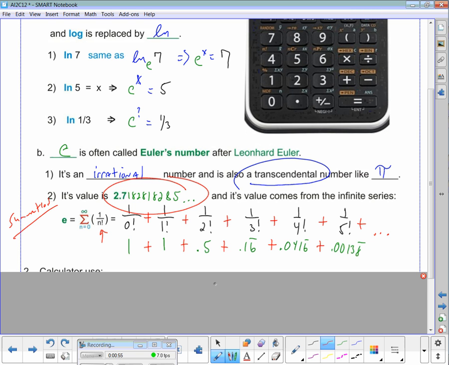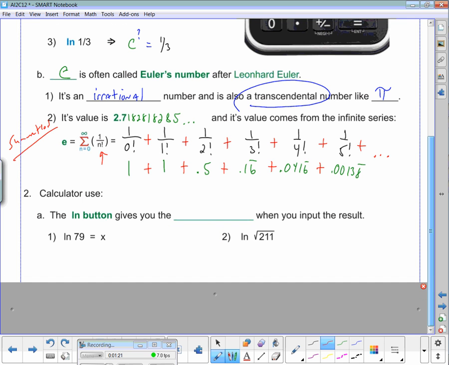There's no noticeable pattern. How can you get its value? Do an infinite series of 1 over n factorial with n starting at 0, and the value would equal 2.71828, whatever the rest of the digits are there. All right, so Euler's number.